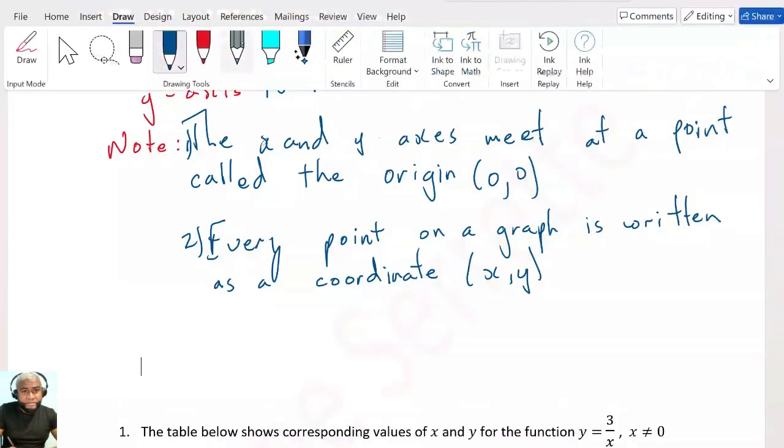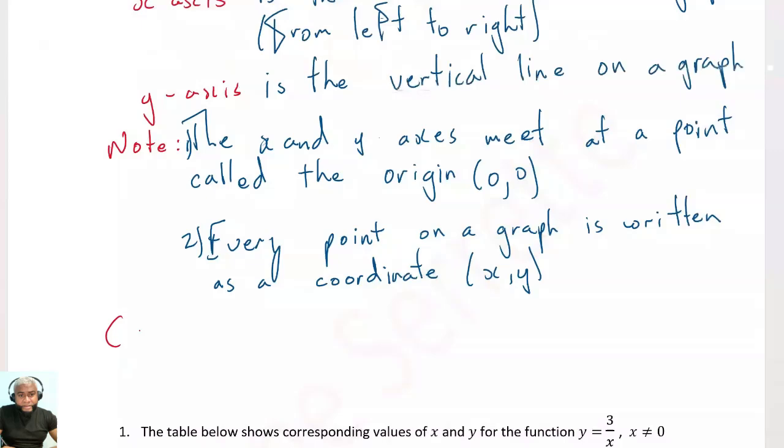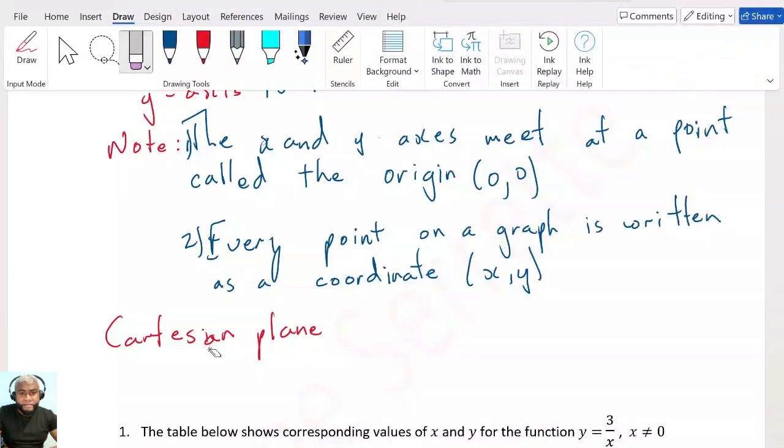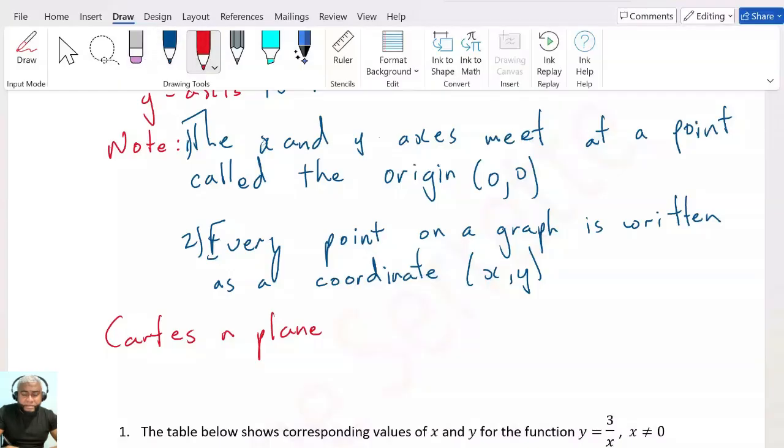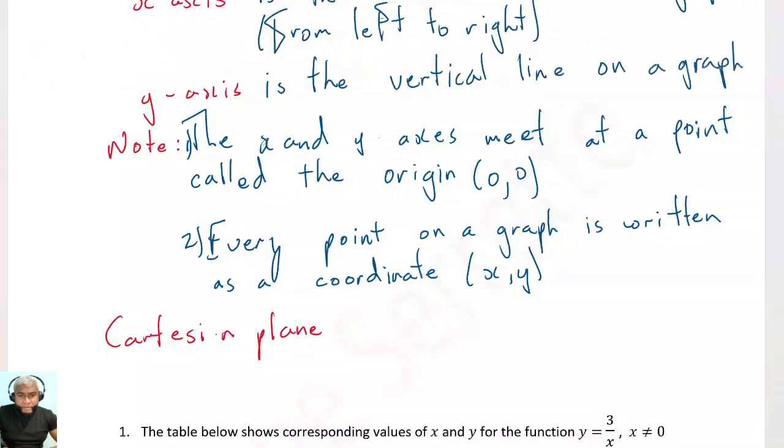So we have Cartesian plane. So when you hear me throw around the word Cartesian plane, I'm just speaking about your x and y axis, right? So Cartesian plane, or it's also called the coordinate plane, right?